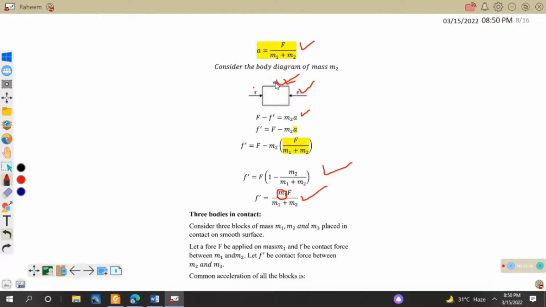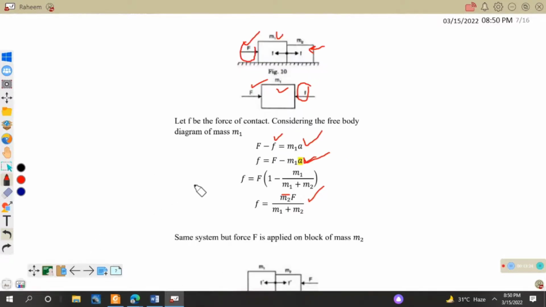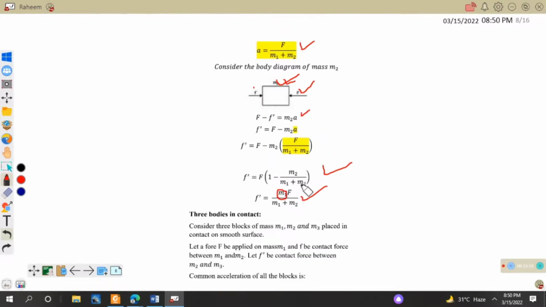Similarly, if applied force is on m1, in the expression for contact force we have the term m2. So we will just rearrange this term if we consider the case for three bodies. Let's solve it, then we will generalize this result.